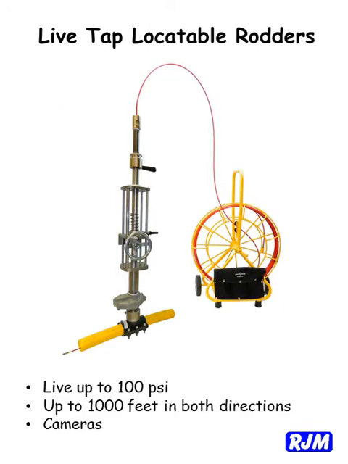Non-metallic water mains can be located up to 1,000 feet in each direction from a single location while in service. Some push cameras can also be inserted for inspection and locating.